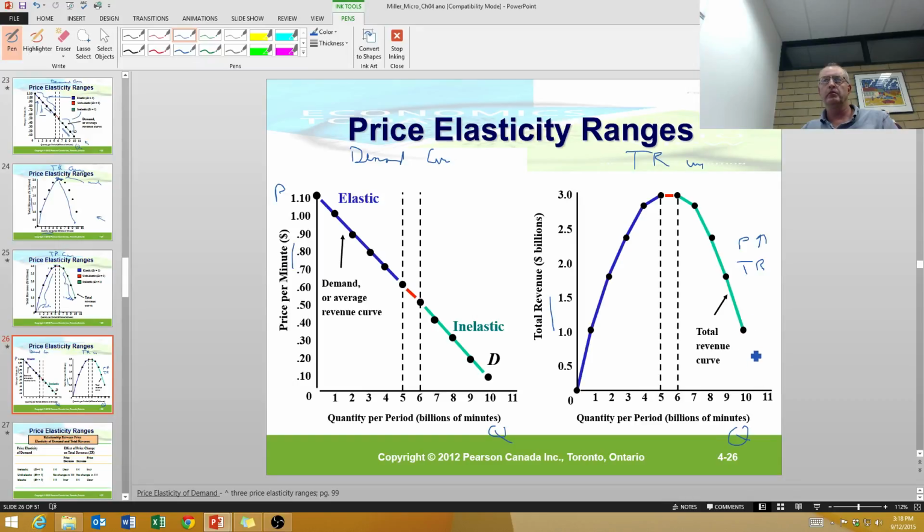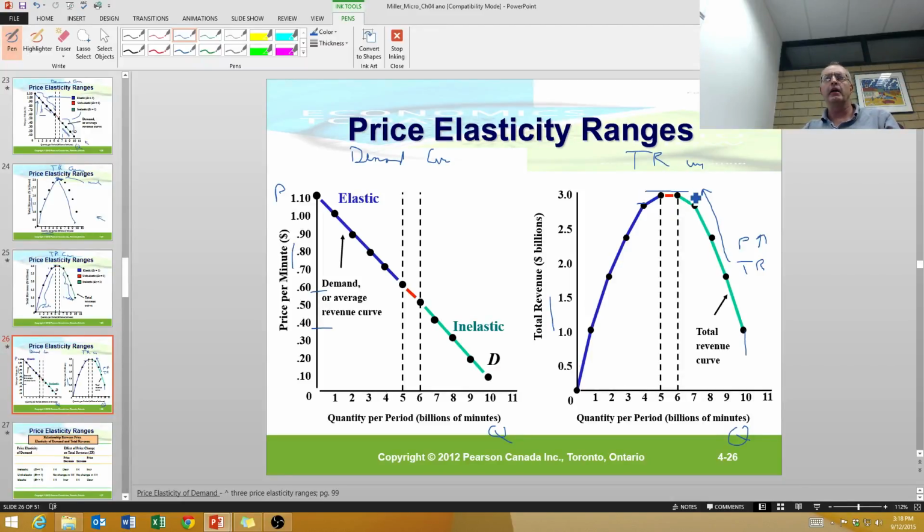When the price is 40 cents, here's the total revenue. As price goes from 40 up to 60, our total revenues increase. And in the elastic section, price and total revenue are inversely related. So as price goes up, total revenues decline. Well, they increase at a lower rate, I guess that's what's happening here.